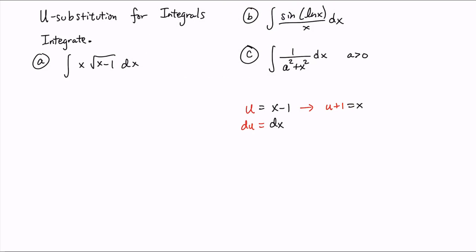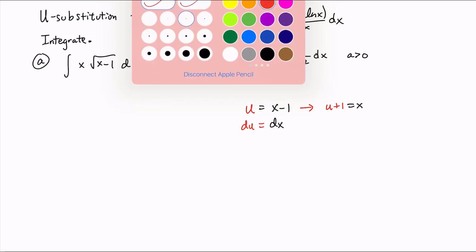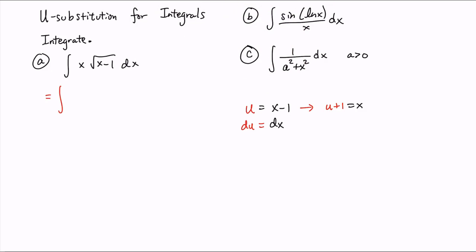And now we're ready to substitute everything. This integral is now in terms of u. We substitute x, so we have u plus 1, and then the square root of u, and then dx is du. Voila! Isn't that beautiful? So now we have u to the 3/2 power plus u to the 1/2 power, and we need to integrate this.